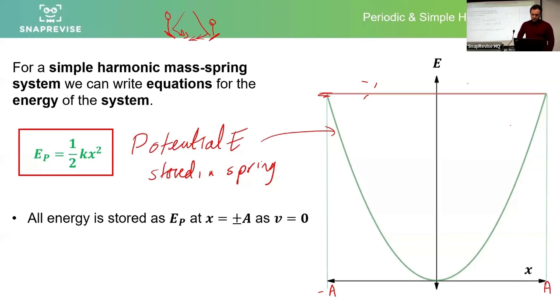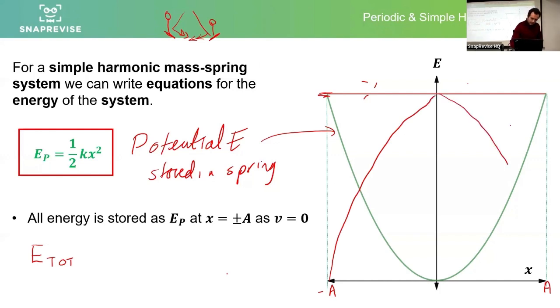However, in between, where does the energy go? Obviously it dips, it's converted into kinetic energy. If I boldly attempt to draw kinetic energy, ooh, that's not such a good parabola. That's arguably a slightly better one. The kinetic energy, as I hope we all know, is half m v squared.